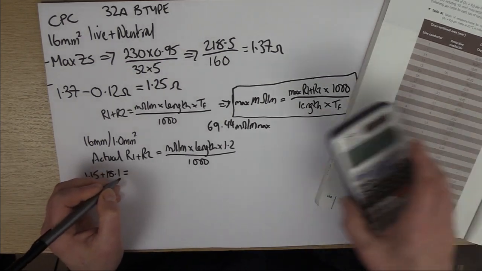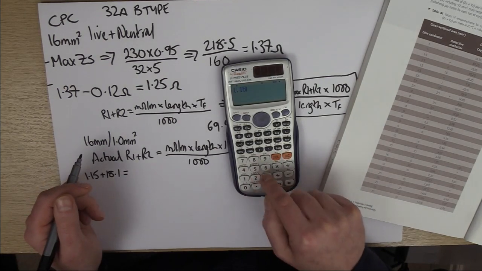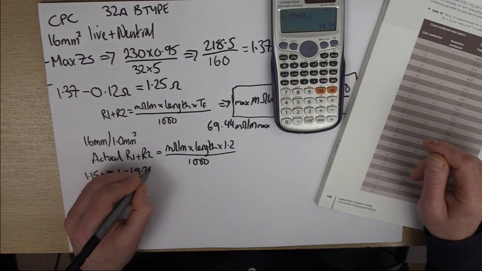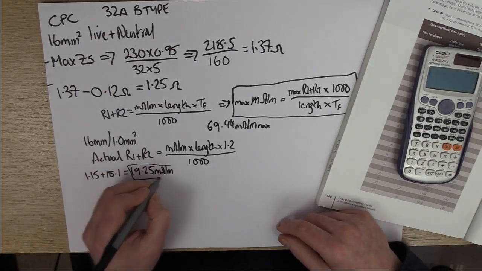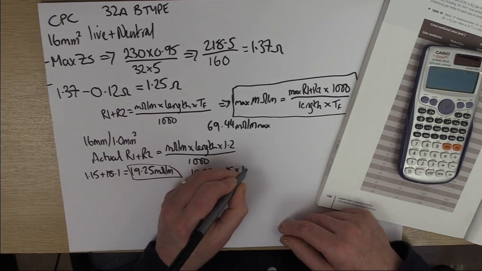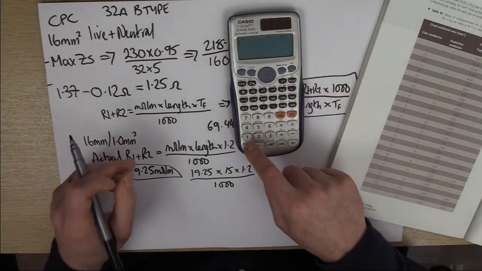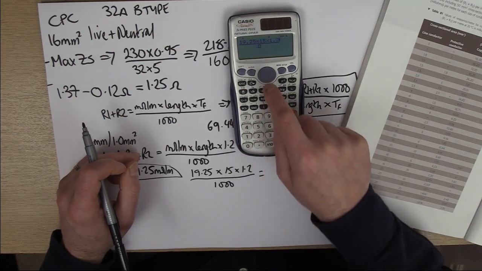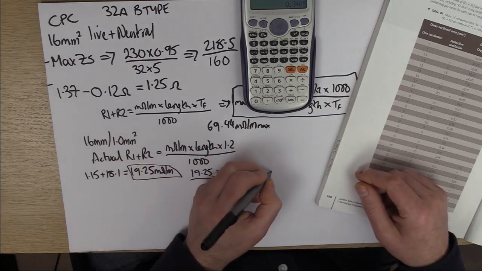So to get our milliohm per meter as a live and CPC, we just add them together. 19.25 milliohms per meter. So put that in, times our length, times our temperature factor. Let's see what we get. 0.35 ohms.